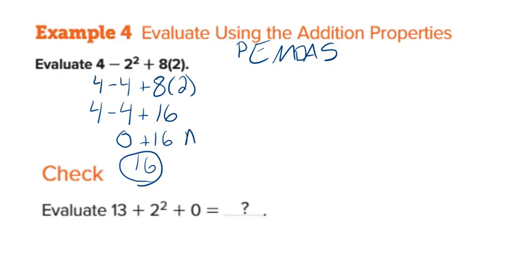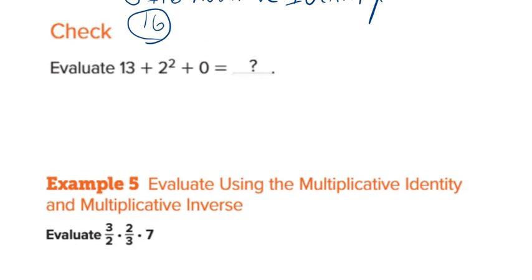We have plus 16. And 0 plus 16 is 16. So here, this showed us using the additive identity in this step, because we added 0 and got that thing back.